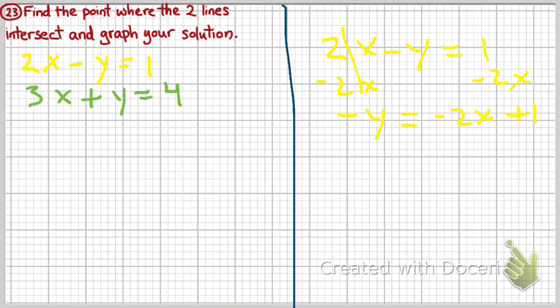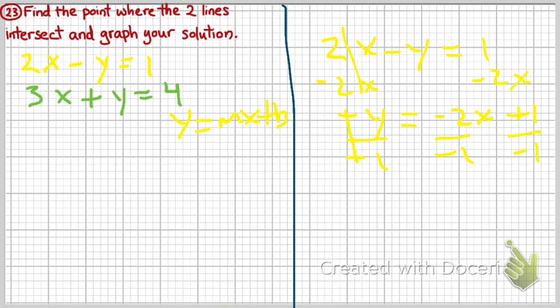Now I want my equation to be in the form of y is equal to mx plus b. As you can see, it's almost there, but I have a negative y, and I want that to be a positive y.